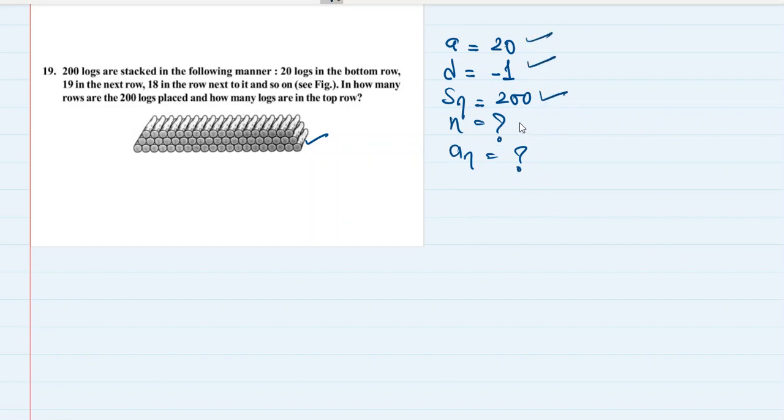You have to find n, how many rows there are in which logs are placed, and how many logs there are in the last row, that is the nth term. When you find n, the number of rows, you use that n in the nth term formula in the place of n, and then find the number of logs in the last row. Okay, please pause the video and solve it. You have to do this.